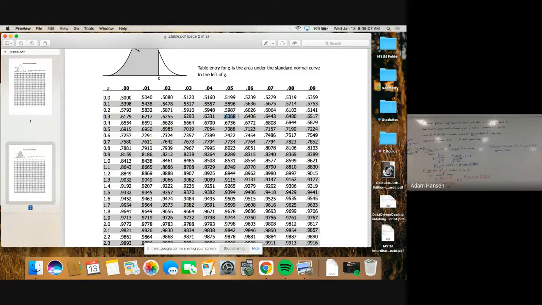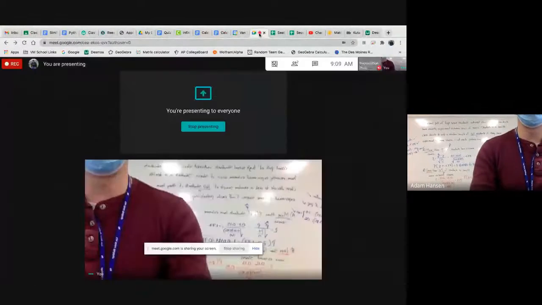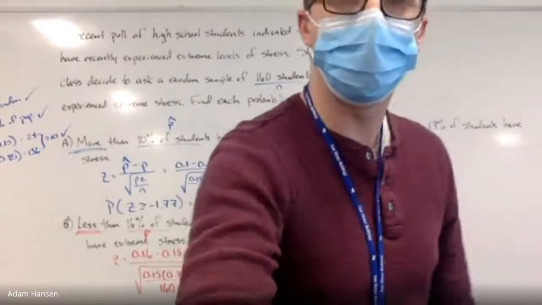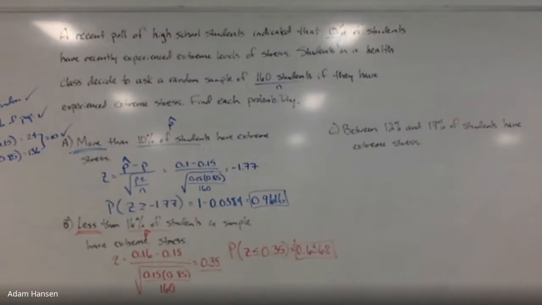Does this kind of sound familiar from z-scores from first semester? Yes, sir. Awesome. Now let's look at part C. One minor difference here. I want to find the probability that between 12 and 17% of students have extreme stress. How is this question going to be done?